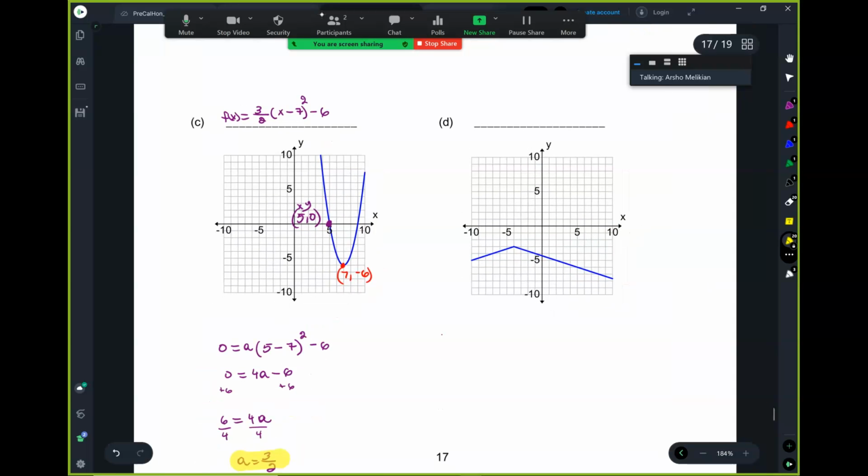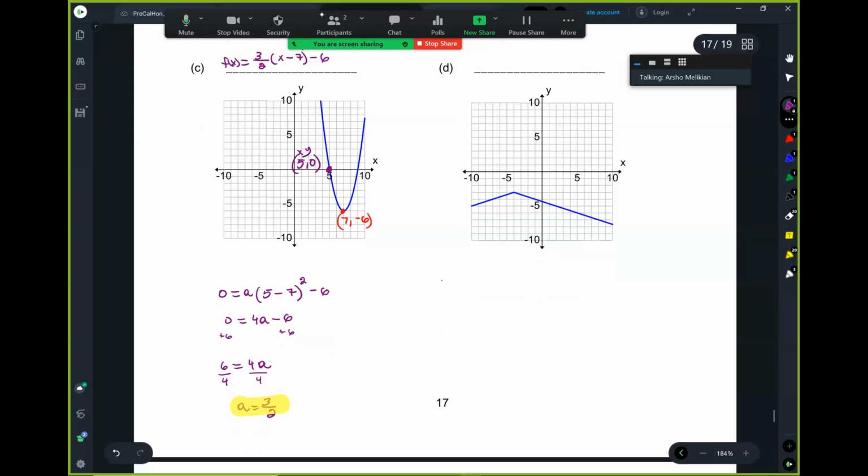All right, I'm gonna do D as well, and then I'll take questions. Write them down if you have questions. Okay, we go to the vertex. How much is the vertex? Right. Okay, so for this one, what process am I going to do? It is an absolute function, so what do I do? The slope, right? Slope is the magic word I'm looking for. Let's find the slope.